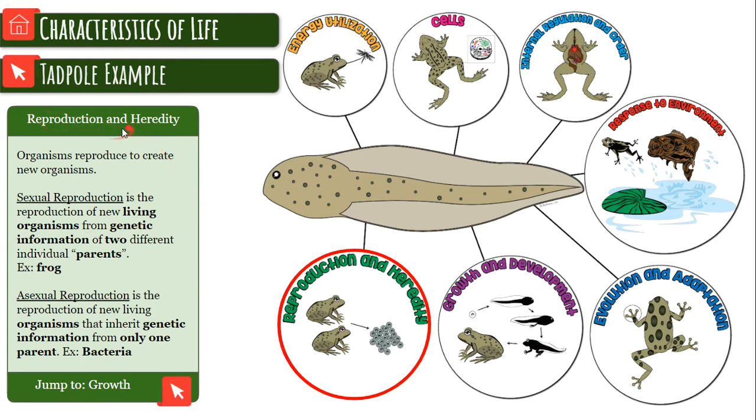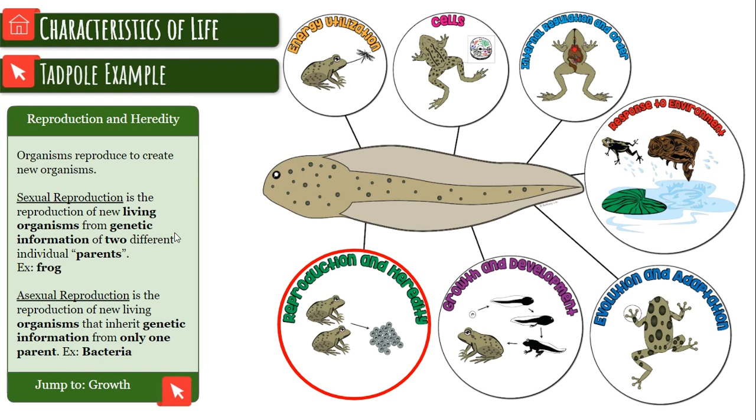Organisms also reproduce, and we pass on traits through heredity. So organisms reproduce to create new organisms, and there are two different methods. The first is sexual reproduction, which is the reproduction of new living organisms from the genetic information of two different individual parents.